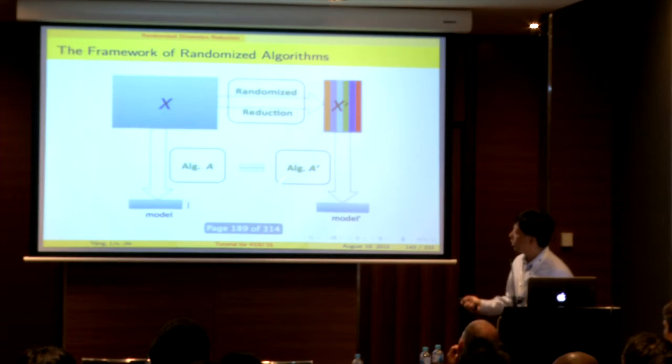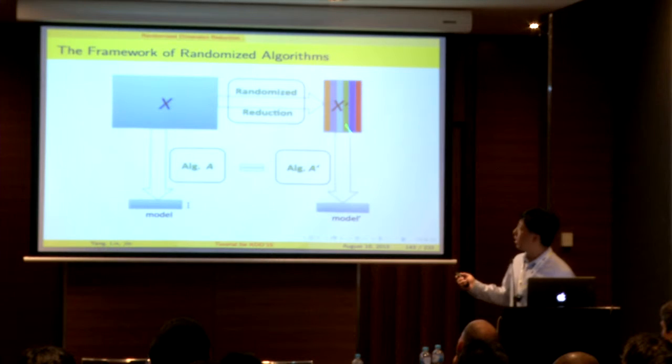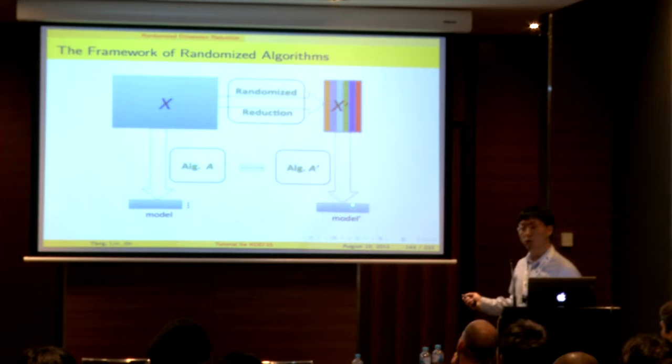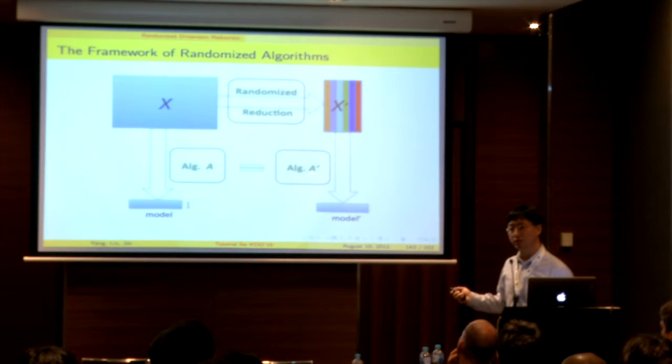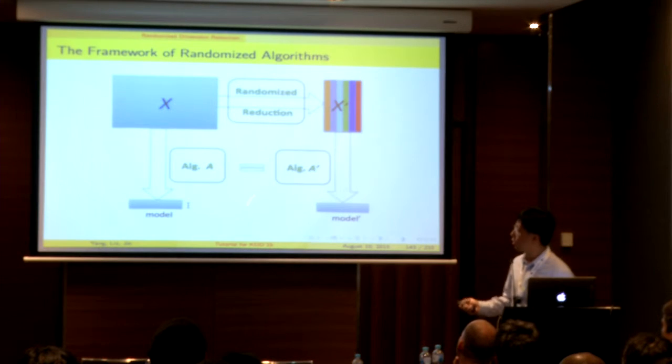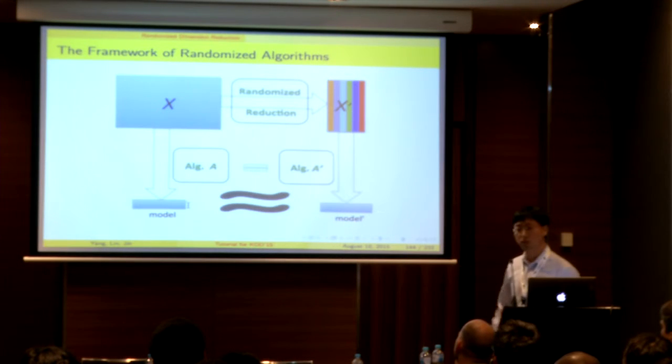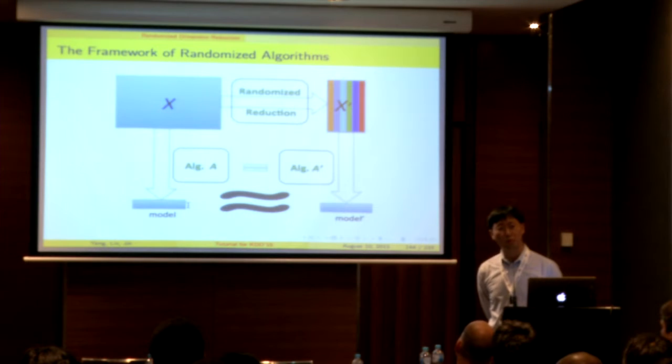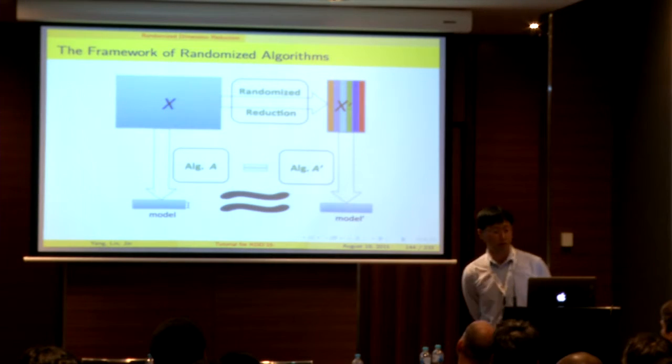Then we design an algorithm that takes the reduced data, X prime, as input and outputs a model, model prime. In most cases, the algorithm A prime here is pretty much the same as the original algorithm. Finally, we want to guarantee that the model we obtain from the smaller sketch is very close to the model we obtain from the original data.